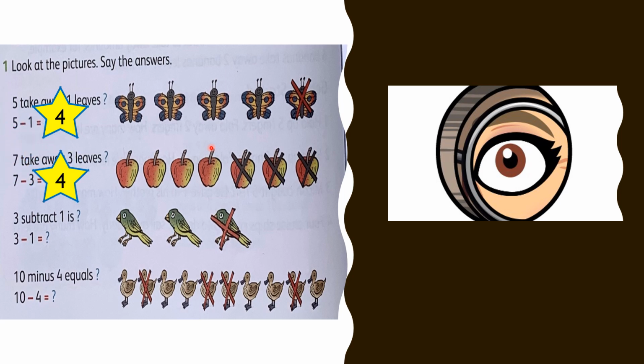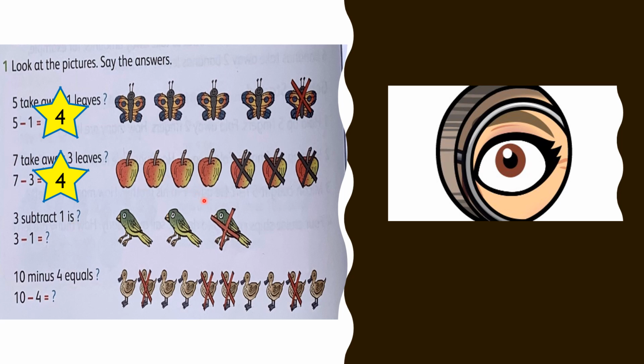Let's do this third one together. 3 subtract 1 is, do you see how they changed up the words? 3 subtract, which means the same as take away or minus. 1 is, which means the same thing as the leaves or equals.